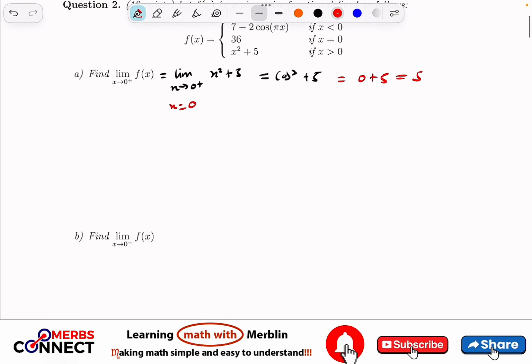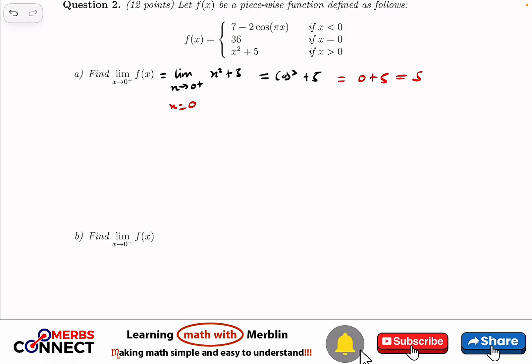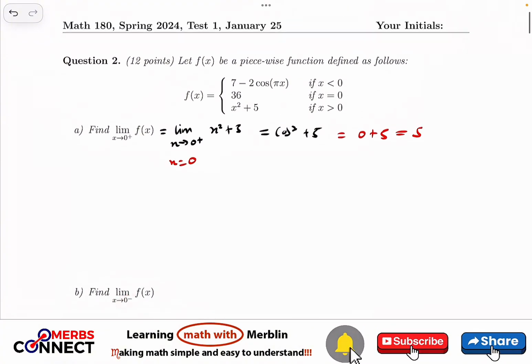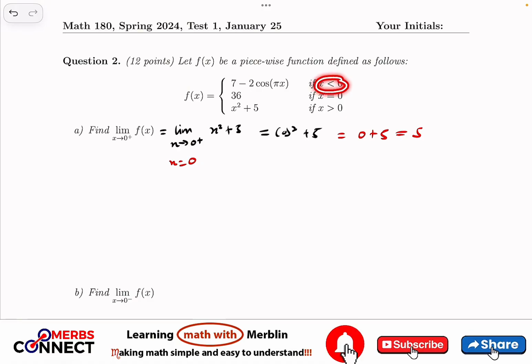Now the second one is when x is approaching 0 from the left side, meaning that all the x values are less than 0 because of this minus here. So it means that x is less than 0, and you are going to use this function here.